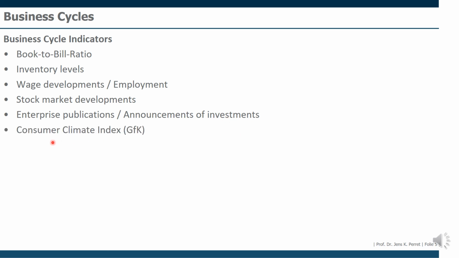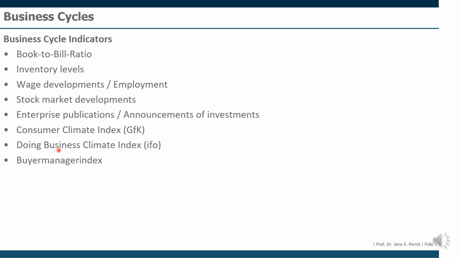Then we have the Consumer Climate Index, which tells us a little bit about how consumers are consuming at the moment, which tells us also, due to the fact that we know that consumption, that demand changes over the different phases, what is the most likely phase regarding demand, overall demand, especially household demand. And the same thing which works for consumers works for companies as well.